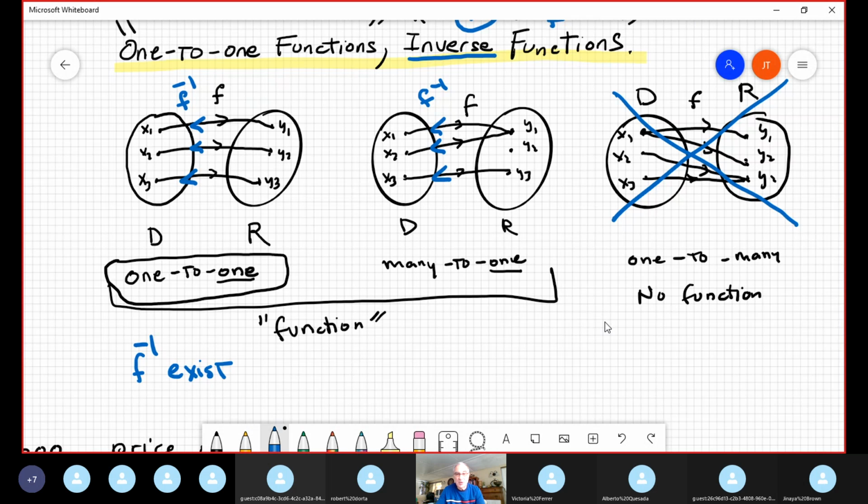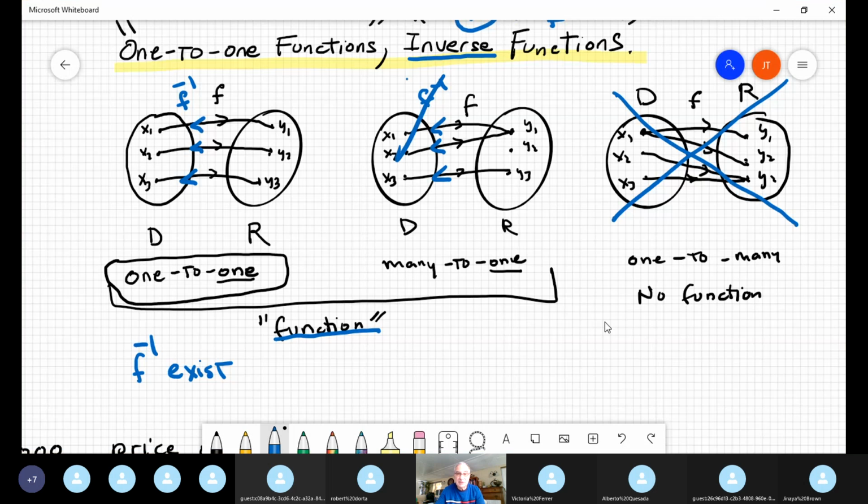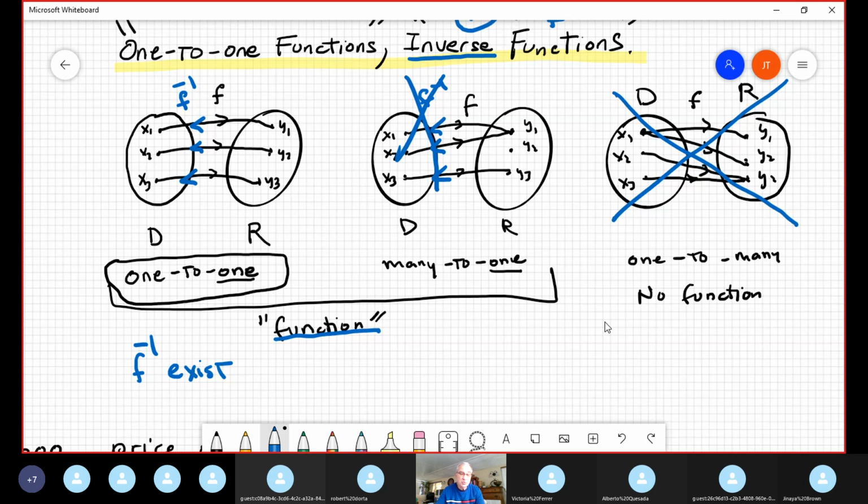However, many-to-one is also a function, but when you change the direction of the arrow, entonces es one-to-many, like that. Entonces this inverse function does not exist. Okay, entonces a super important requirement.